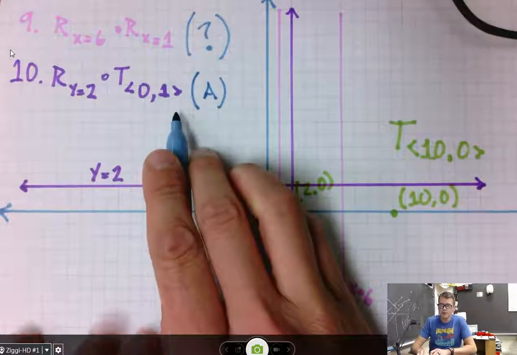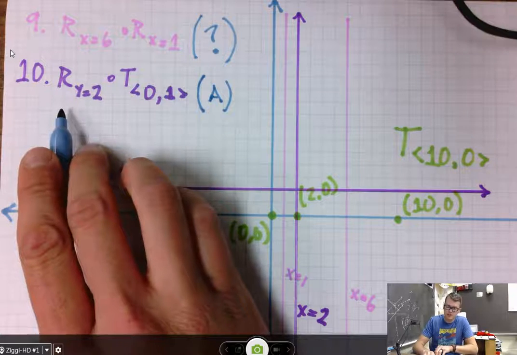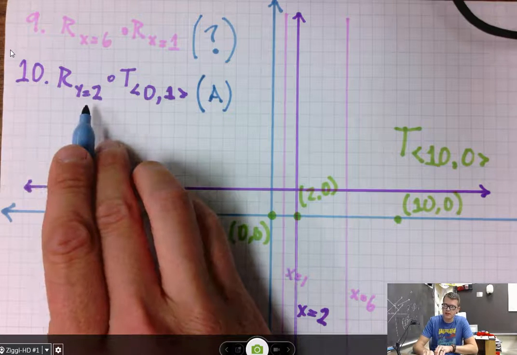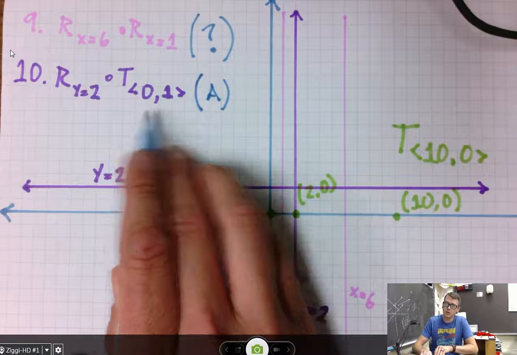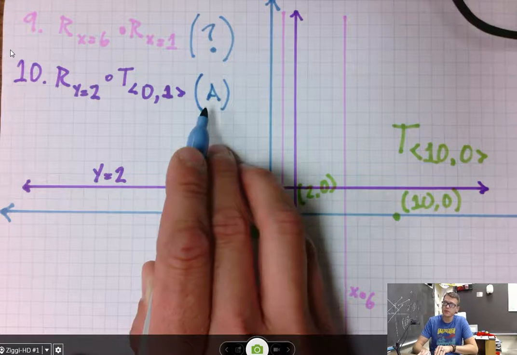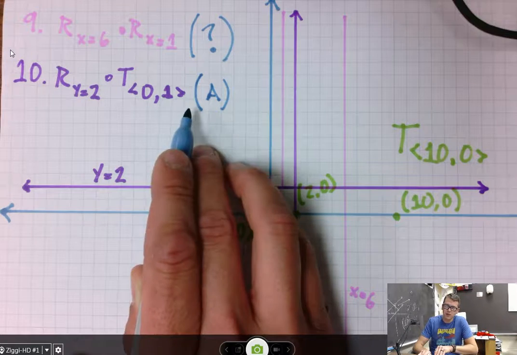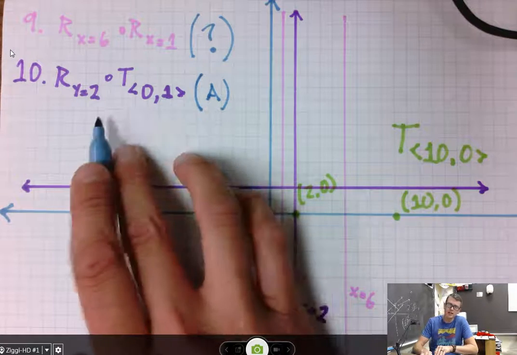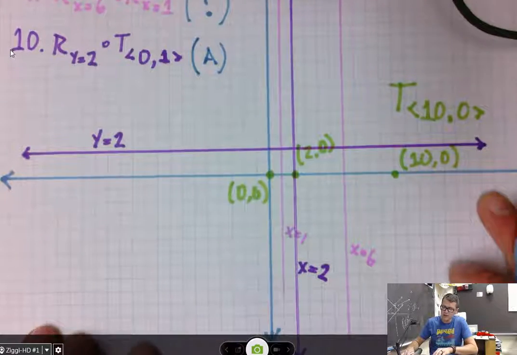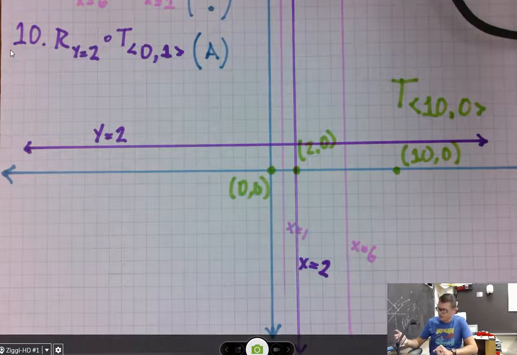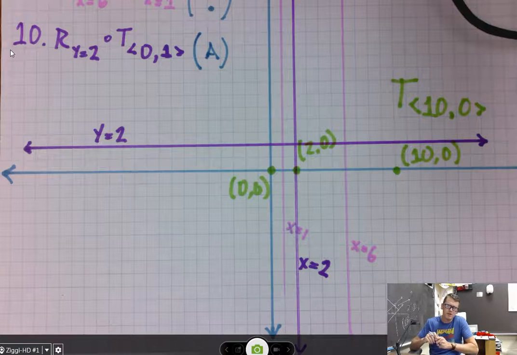This is going to happen before this happens, because this is saying reflect across the line y equals 2 the translation 1 up of the point A. So we want to be very clear. We work right to left when we're doing compositions of transformations. So here on my graph paper, I kind of gave you the example of what might steer you wrong.